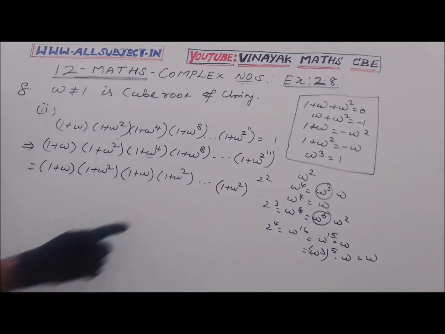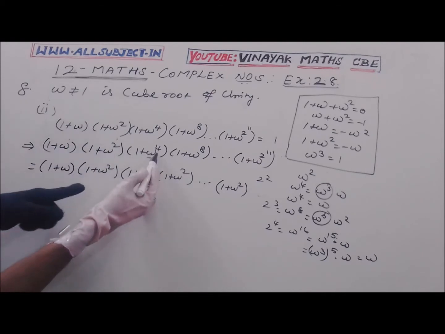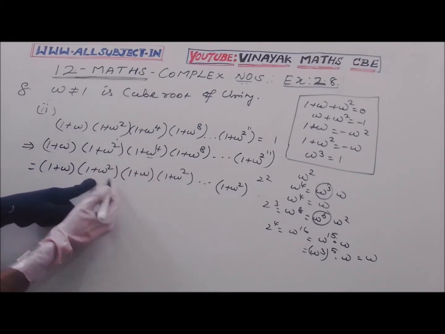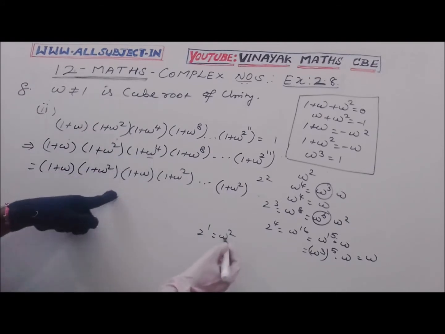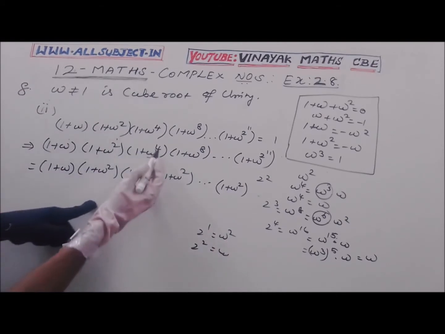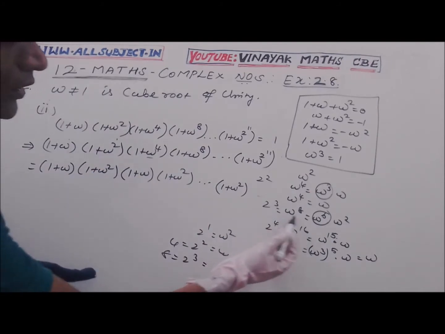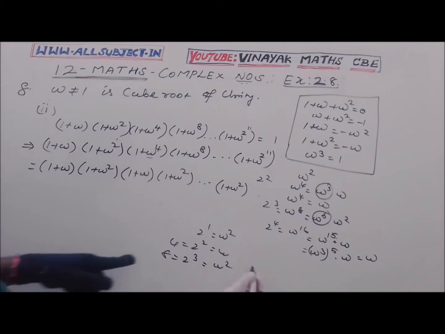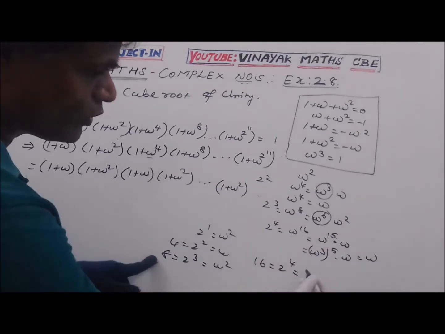Listen here, how it is 1 plus omega square: 2 power 1 gives omega square, 2 power 2, that is 4, gives omega, 8 equal to 2 power 3 gives omega square, and 16 equal to 2 power 4 gives omega.